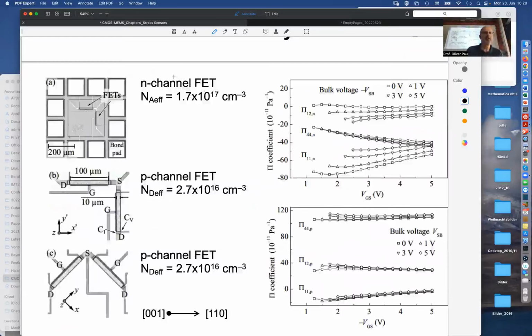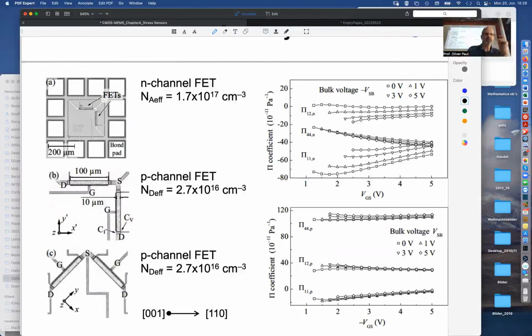The inversion layer in a field effect transistor, the conduction region between a source and a drain, is a conducting material. And we can expect its conduction property to depend on the mechanical stress applied.